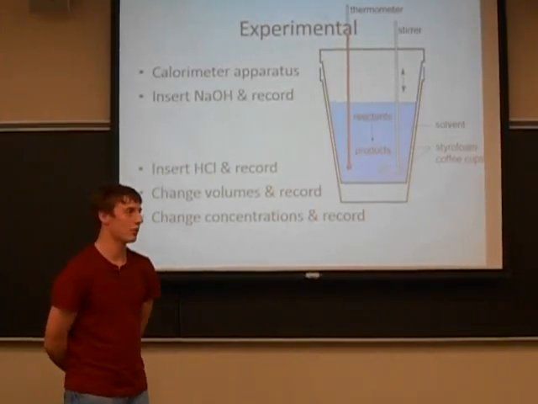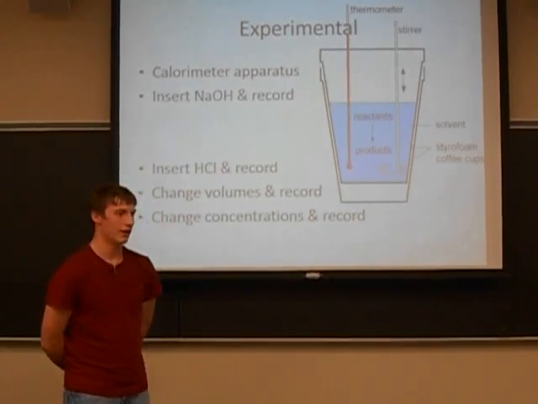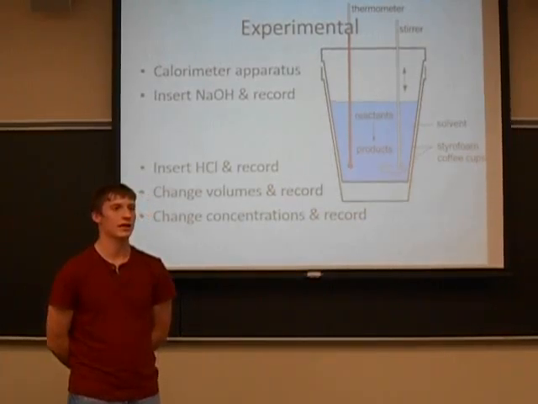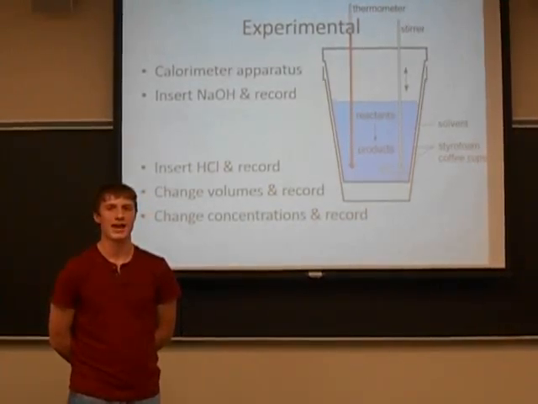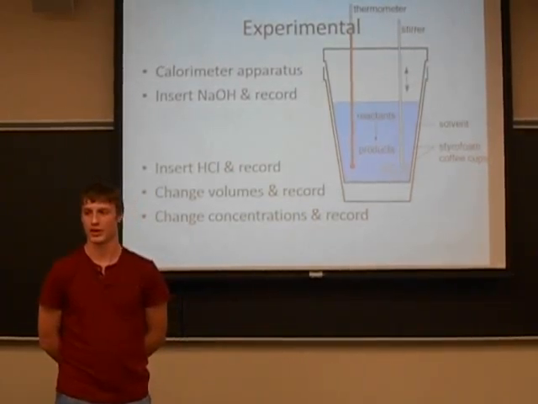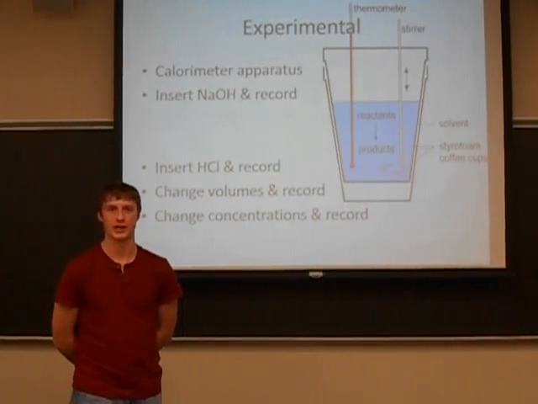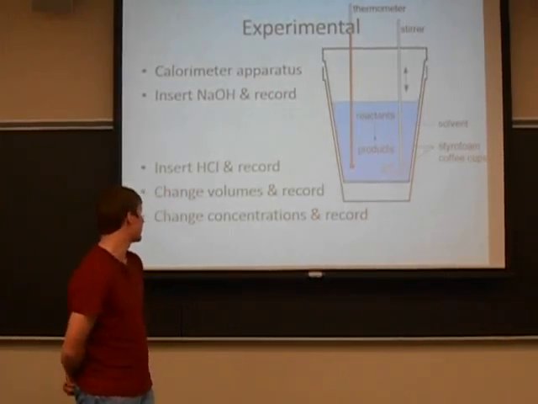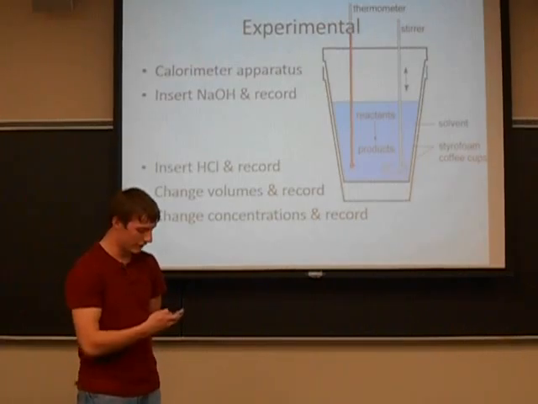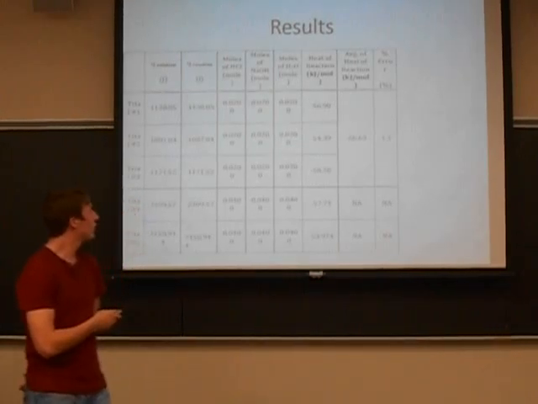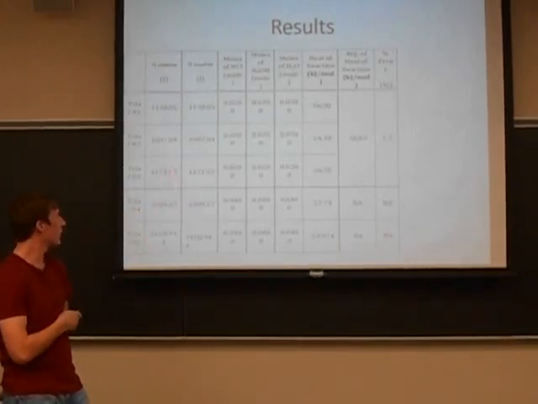We repeated the same way and recorded the temperature, and after that we cleared the coffee cup calorimeter and added 2.00 molarity NaOH at 20 milliliters and 20 milliliters of 2.00 molarity HCl, just so we would have different forms of data. We recorded all of this in this table here, where we can note all the different trials.